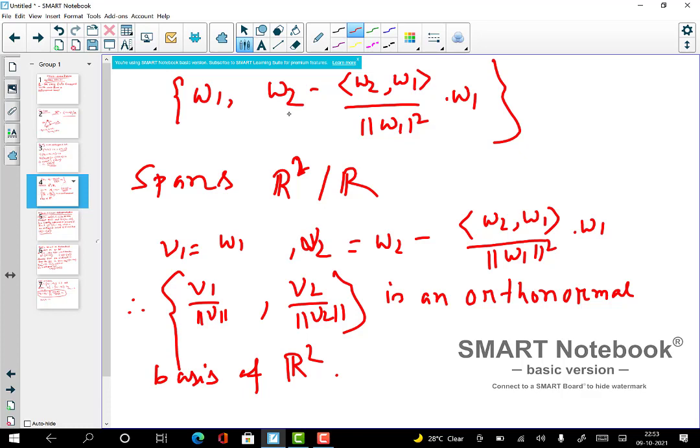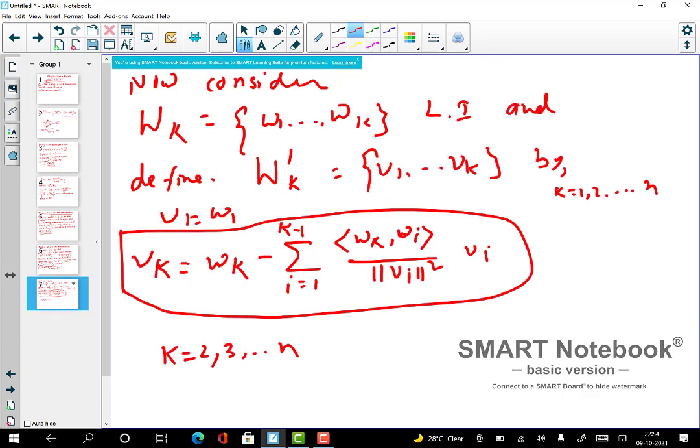Exactly W2 minus the product of W2 with W1 divided by norm W1 whole square, into W1. Okay, so this is the definition of Vk, and now we will check that these Vk's are actually orthogonal.